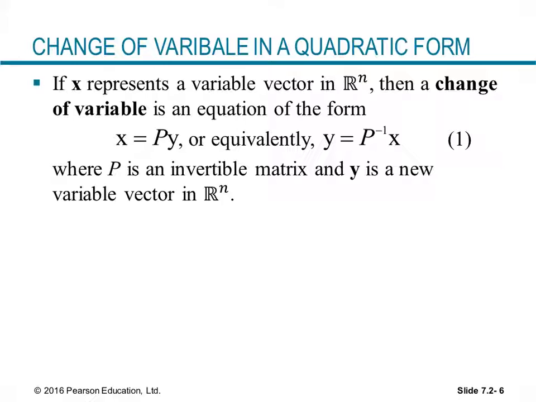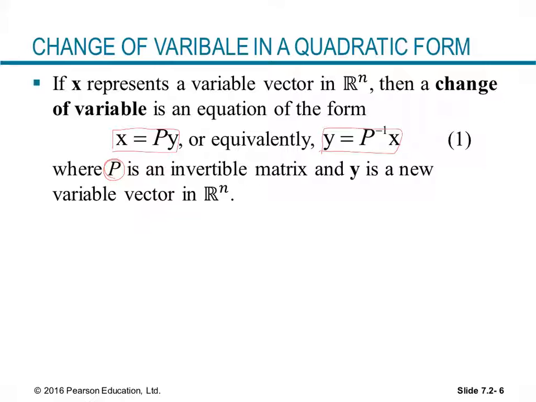Given some invertible matrix P, if x is a vector in Rn space, this equation, or simply this equation, is called a change of variable.